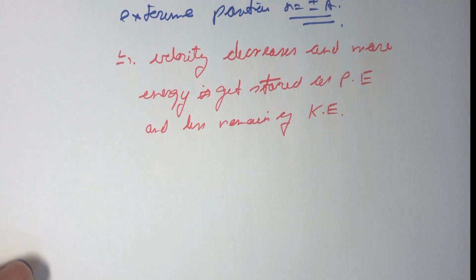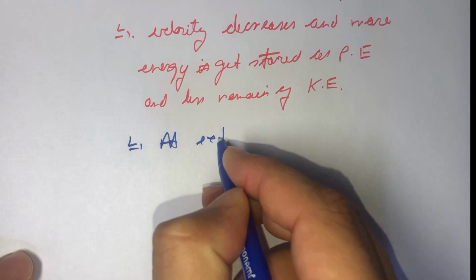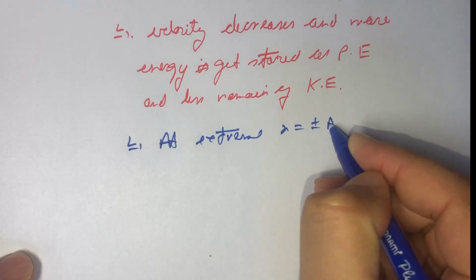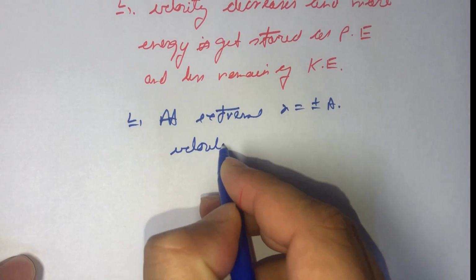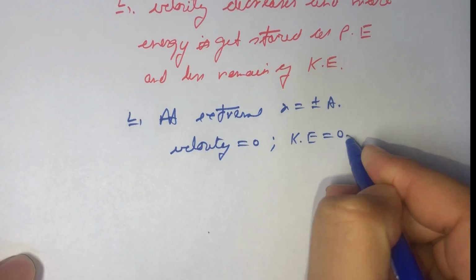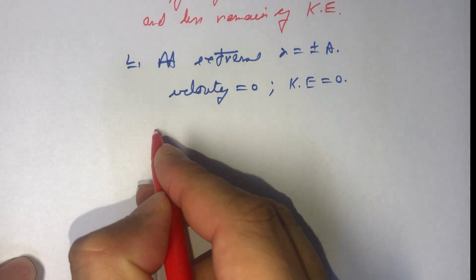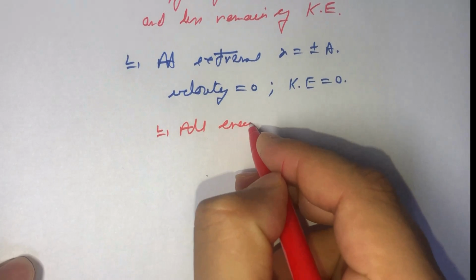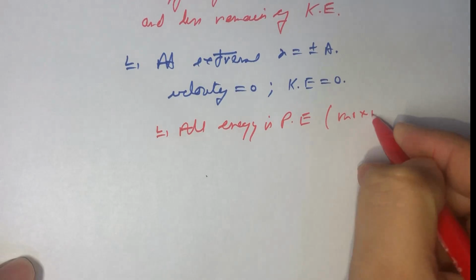And particularly at the extreme, where x is equal to plus or minus a, velocity becomes 0, which basically means its kinetic energy becomes equal to 0. So all energy is potential energy, and that will be maximum.